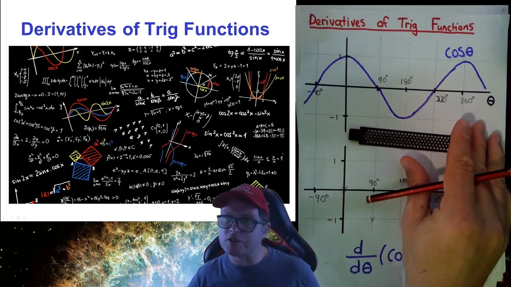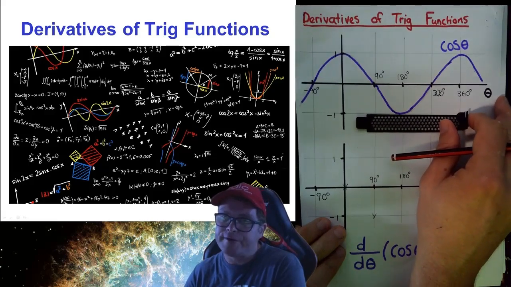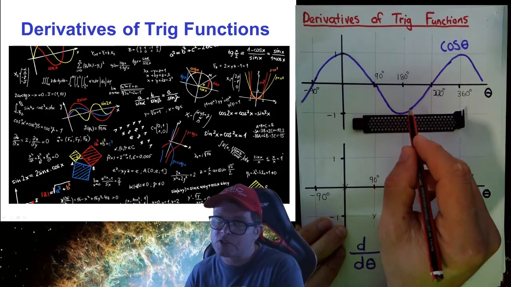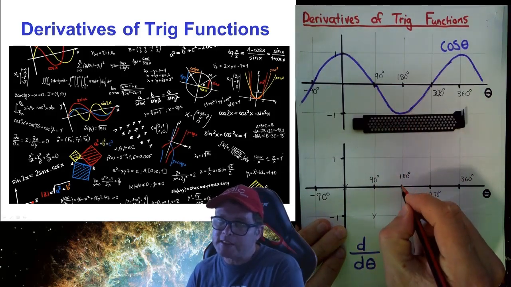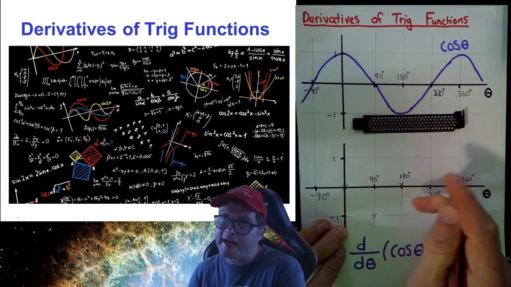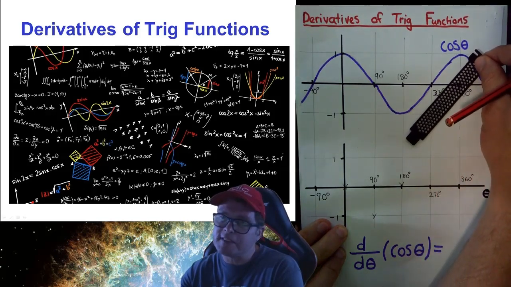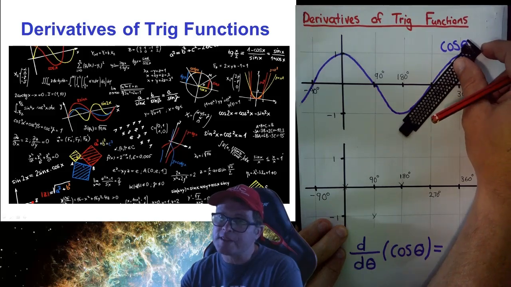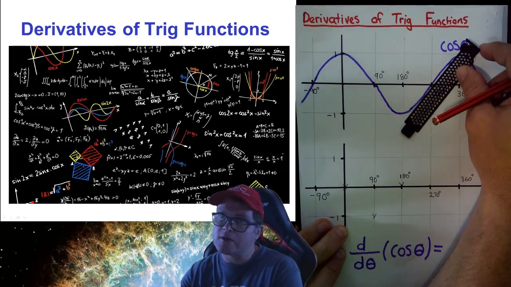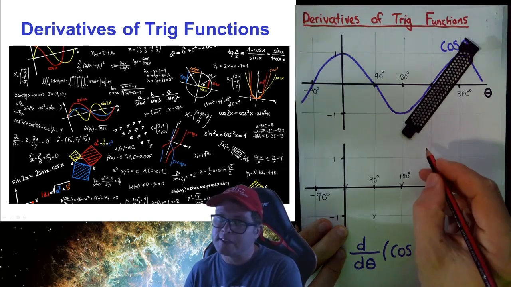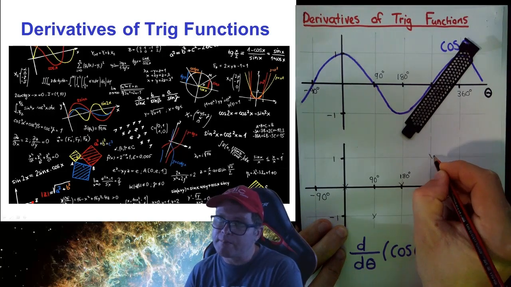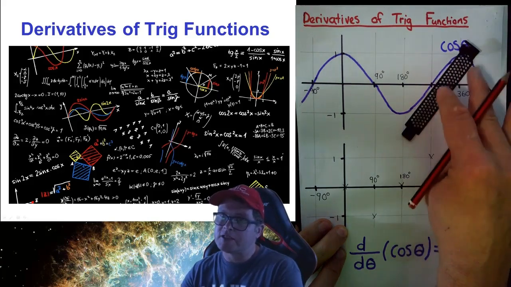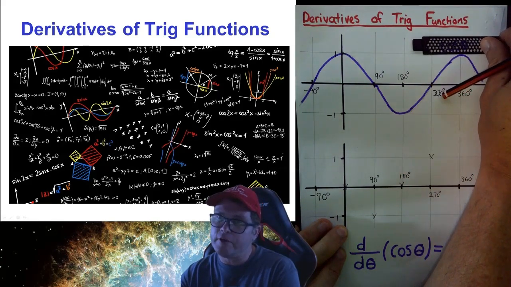As we get to 180 degrees, you can see the gradient is flat. It's a turning point. So at 180 degrees, the gradient is flat. When we get to 270, we can note that our gradient is positive 1 at 270. At 360 degrees, it's going to be 0 again.